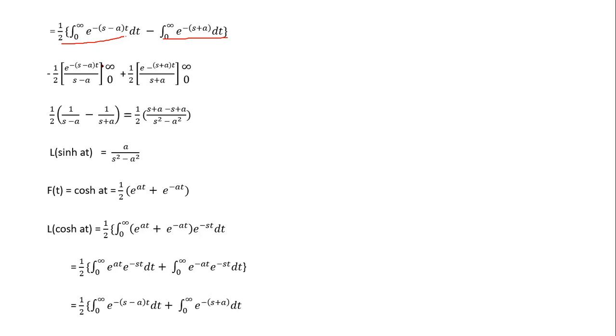So when we have the exponential here, when t equals positive infinity, it will tend to 0. So it becomes 0 over s minus a, which is 0. Minus, when you put 0 there, this will become 1 over s minus a. So we have 1 over s minus a.